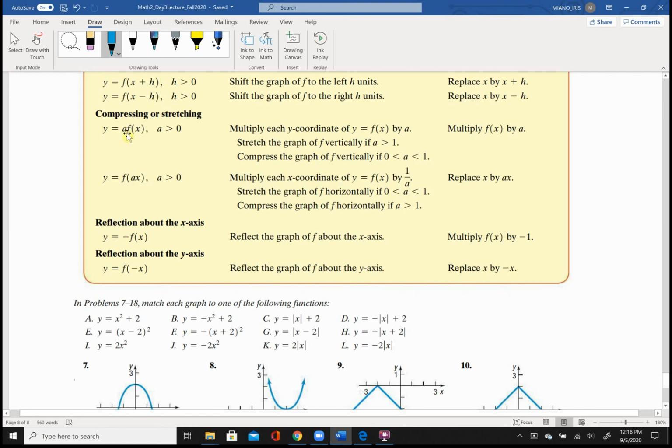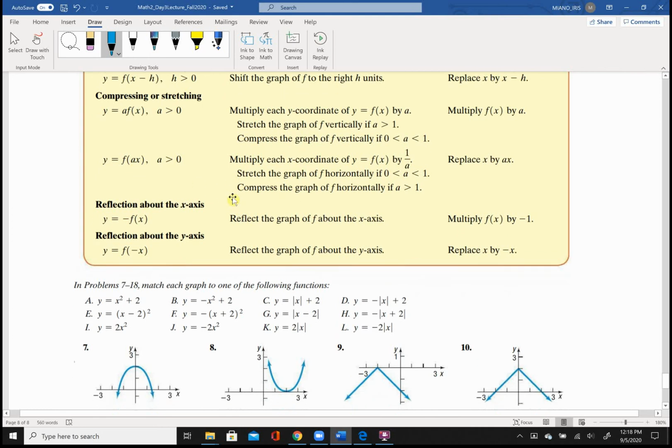If it's directly on the function output, then if a is greater than 1, you'll be stretching, making things wider, and then you'll be compressing them, making them smaller or skinnier, if the value of a is a proper fraction, something less than 1 but also greater than 0. And it's exactly the opposite if you have the factor being multiplied directly on the x inside of the function.